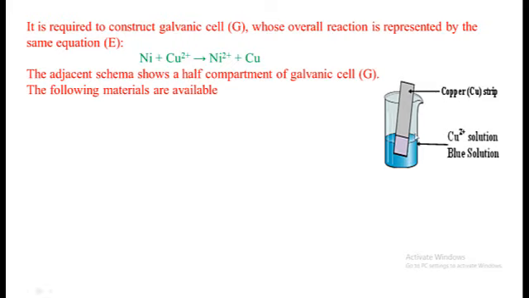The following materials are available: beakers 250 ml, Zn2+ solution, Cu2+ solution, and Ni2+ solution, iron wires, connecting wires, strips, Cu strip, Zn strip, and Ni strip, a voltmeter, and a U-shaped tube containing an electrolyte, which is the salt bridge.